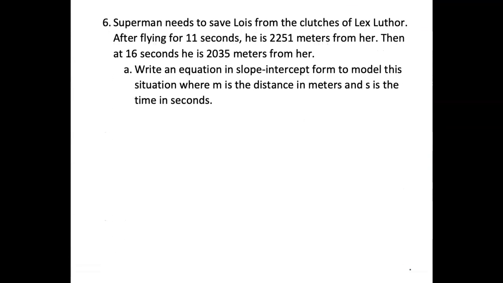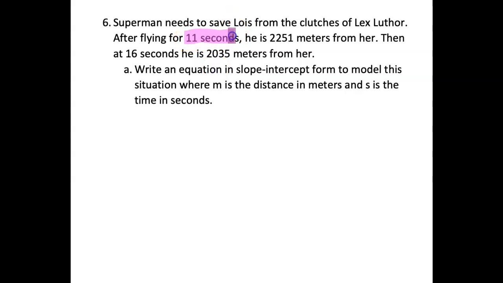Let's see here. Superman needs to save Lois from the clutches of Lex Luthor. After flying for 11 seconds, he is 2,251 meters from her. Then after 16 seconds, he is 2,035 meters from her.